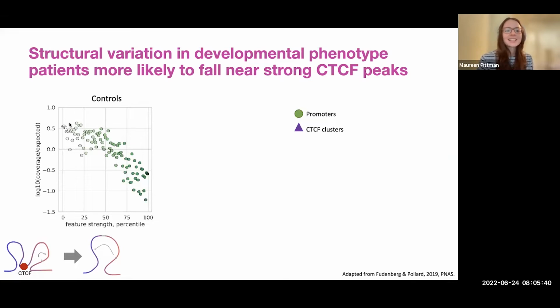So along the x-axis, they're stratifying by expression. So the more important or highly expressed a gene is, the less likely it is that a healthy person would have structural variation at that promoter.